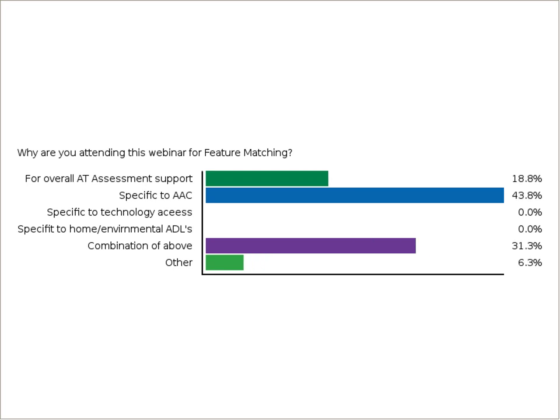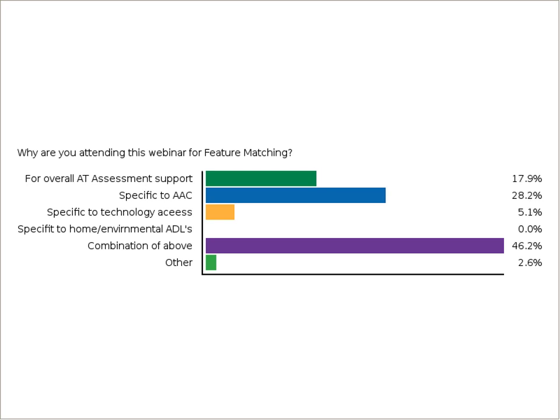We know that some people are here for specific areas of assistive technology like augmentative and alternative communication, or access to tablets and computers, etc. Some people might be specific to home and environmental daily living.